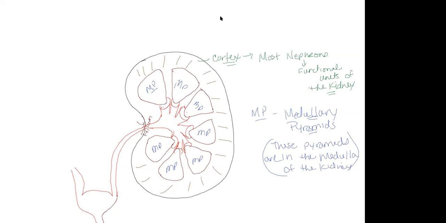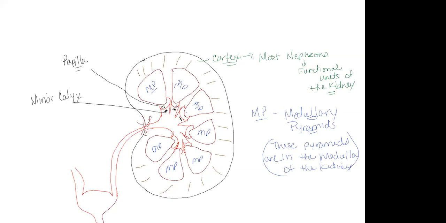Okay. So the very next thing that we want to identify is this structure here. These smaller structures are called the minor calyx. And just above this part here, we have the papilla.